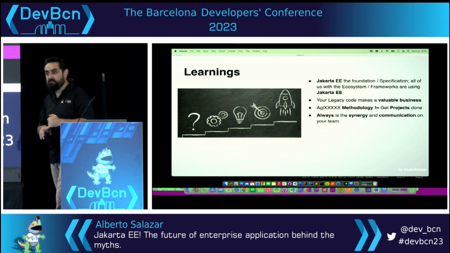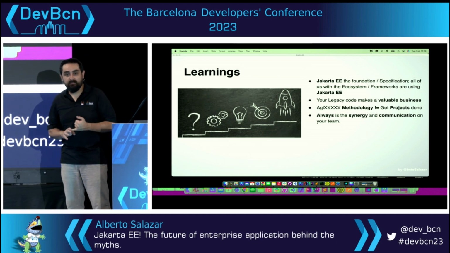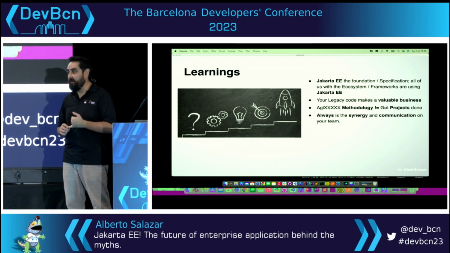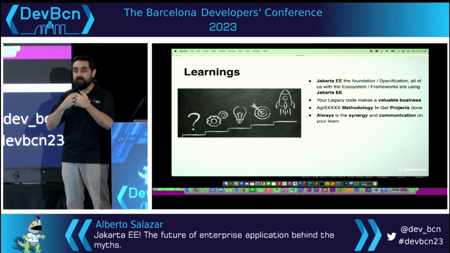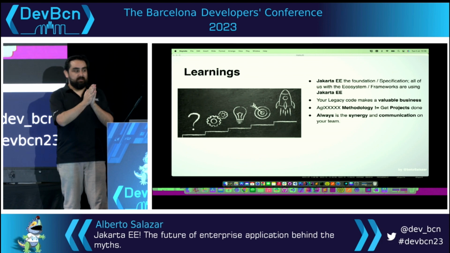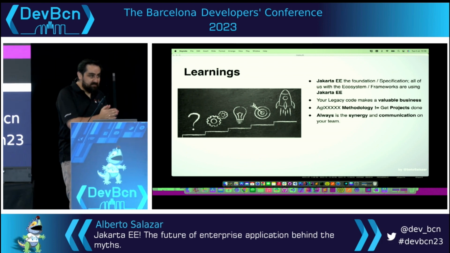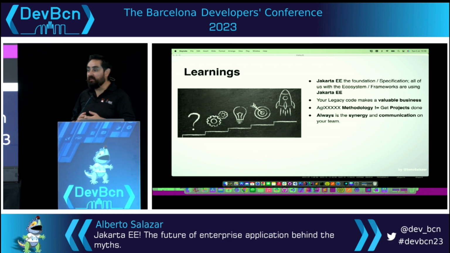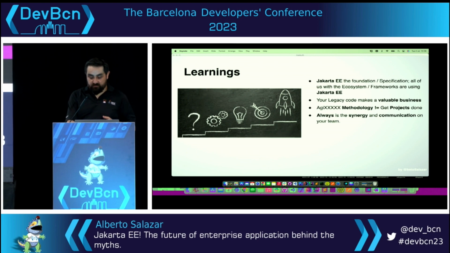Whatever methodology is not the answer. The answer is inside of us. We need to embrace this code. We need to embrace our team and work together with good communication.